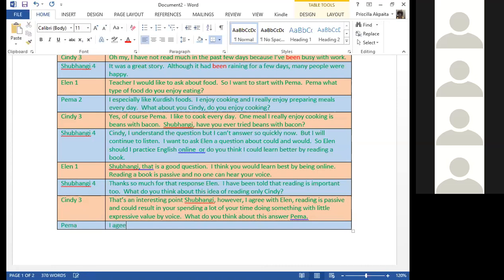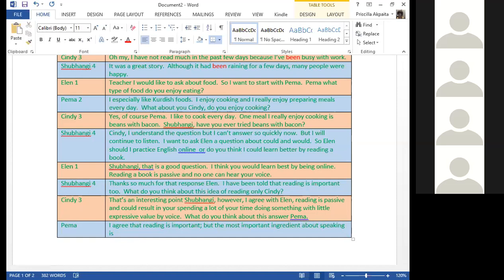I agree. Reading, I agree that reading is important, but the most important ingredient about speaking is the ability to practice.